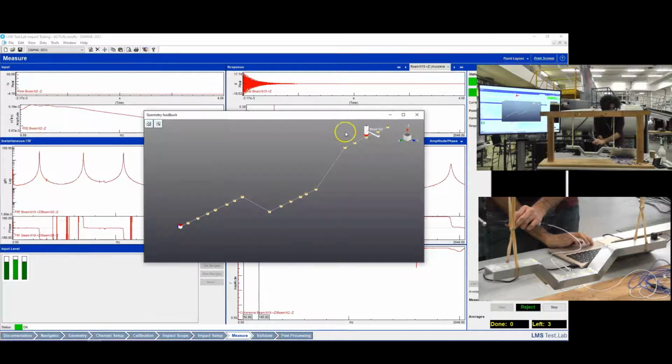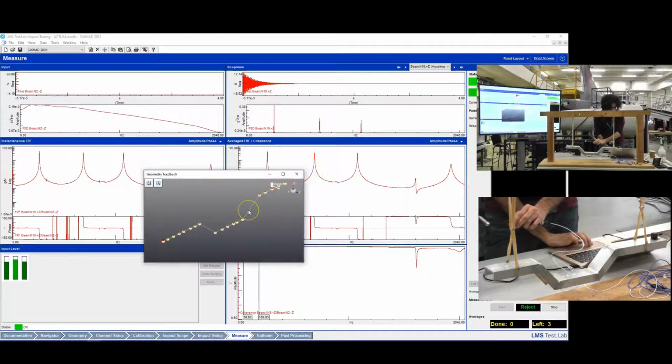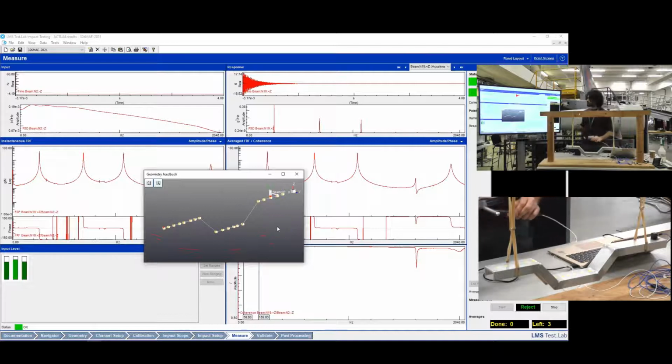What you can show here as well is a visual aid. Now in this case it's easy, but ideally you want a visual aid to tell where you are supposed to strike. Since we gave the software geometric information, the software is telling us please strike this point here, which is node 3.